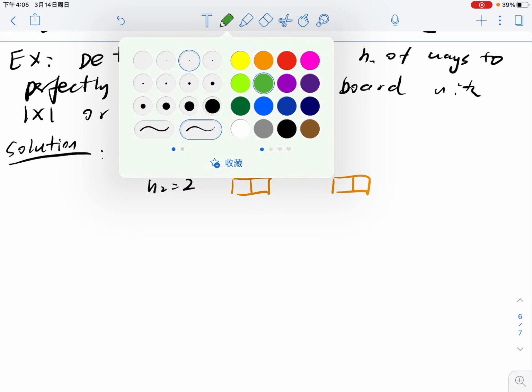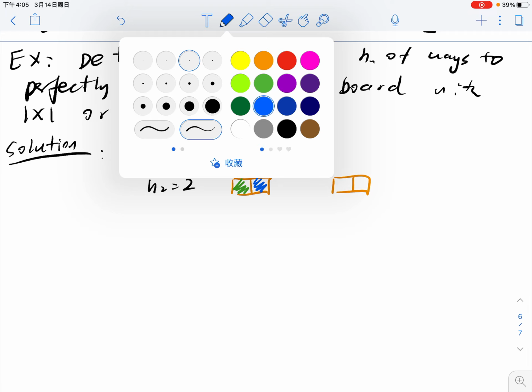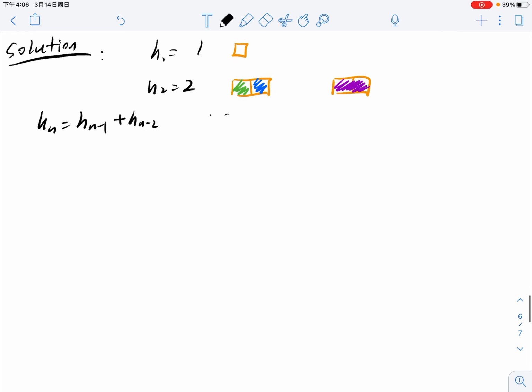Firstly, you can use two 1 by 1 blocks to cover it, or you can use a 1 by 2 board to cover it. And also you have Hn equals Hn minus 1 plus Hn minus 2. You can prove it in a similar way, but another point of view is another solution.